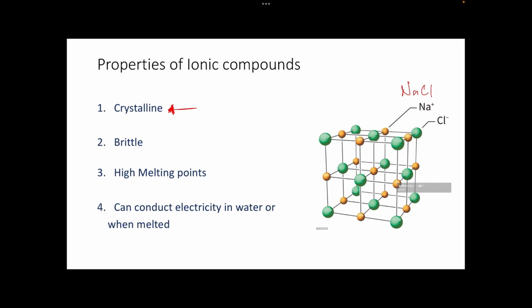The sodium right here has a positive charge, and the chlorine has a negative charge on it. So they don't want to move past each other. So if you put a force on it, it'll just break rather than bending, so they are brittle. They have high melting points because that's a pretty strong attractive force, and the crystals are large, and that's due to the crystal structure.